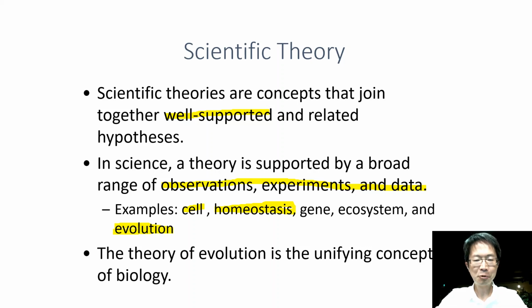The reason why scientists call it evolutionary theory is because evolution has been well supported by lots of data and observation. So in the scientific community, we all agree, well, I'll say most of the scientists agree, that evolution is a fact, is a law. So evolution is a confirmed theory.